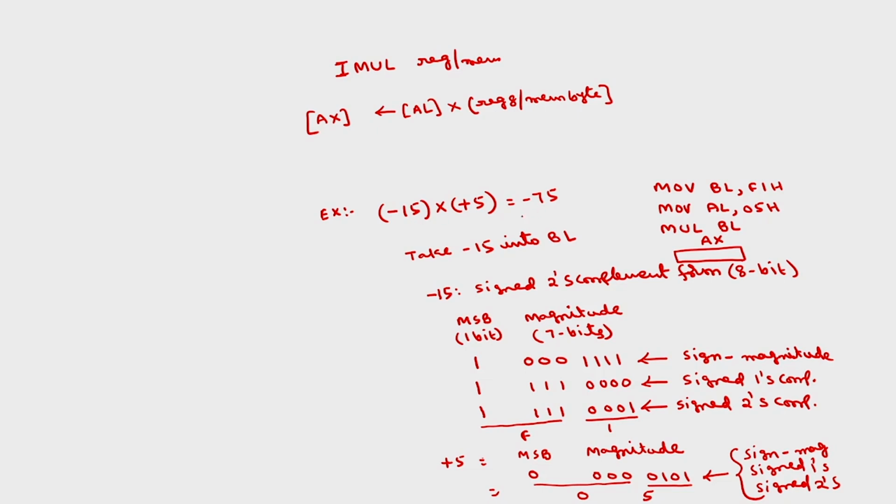In decimal form the result will be minus 75. Here we will get in AX the 2's complement representation of minus 75. So what is the signed 2's complement representation of minus 75? The MSB will be 1. Taking the magnitude 75, what is the binary equivalent of 75?